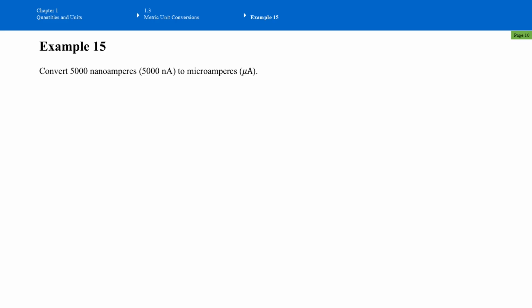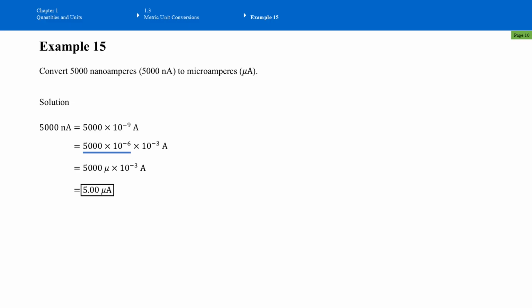Example 15. Convert 5,000 nanoamps to microamps. So first we write down 5,000 nanoamps, and we put this in the power of 10 format. That equals 5,000 times 10 to the negative 9 amps.